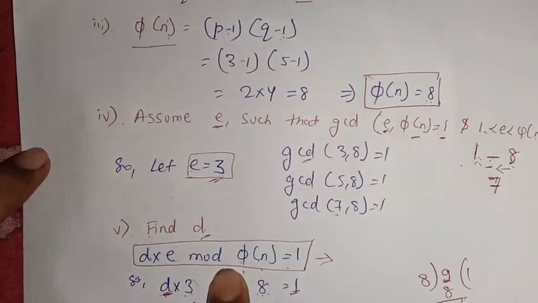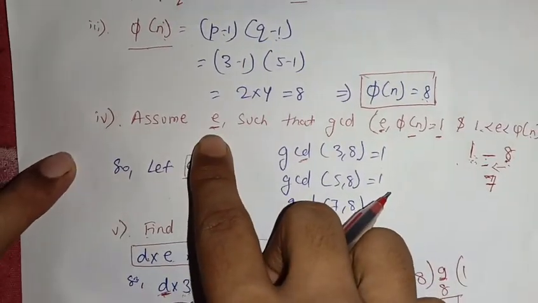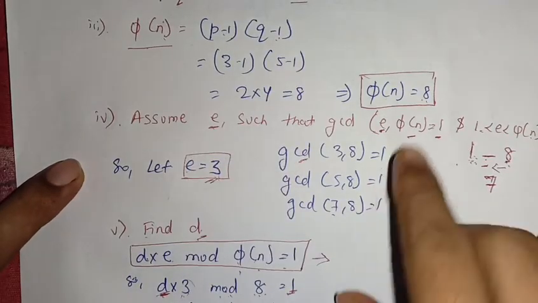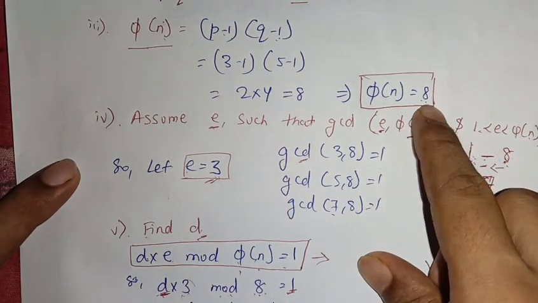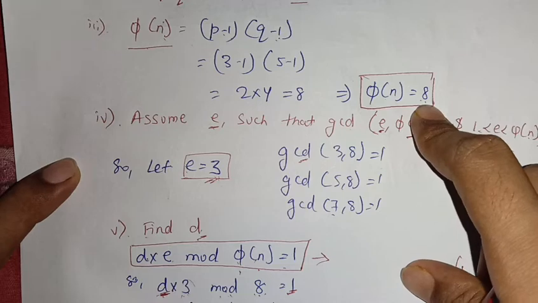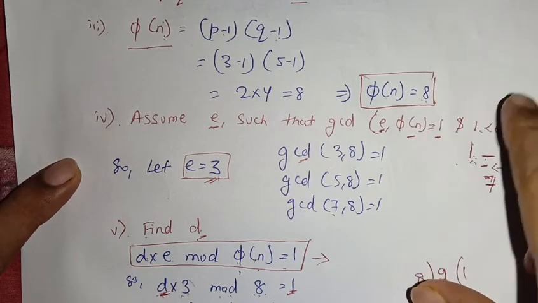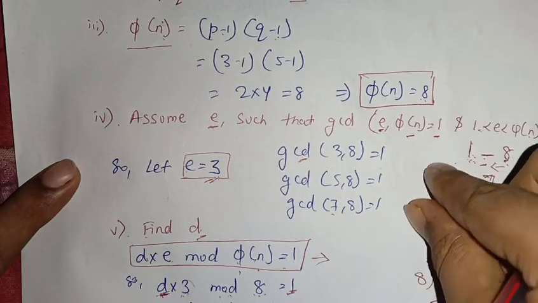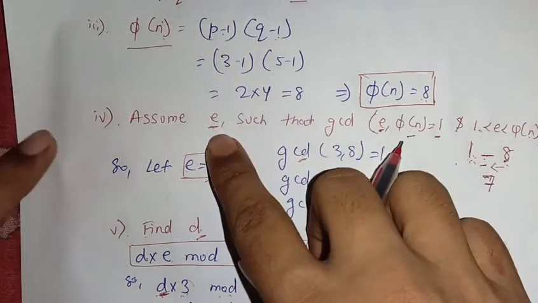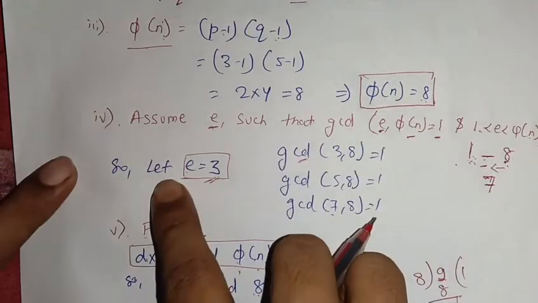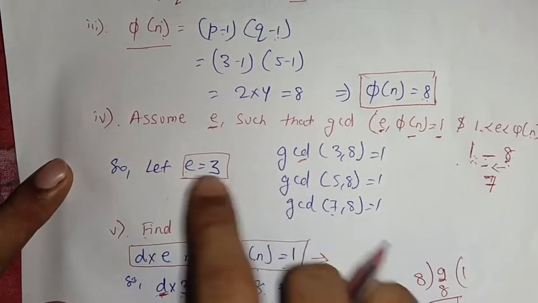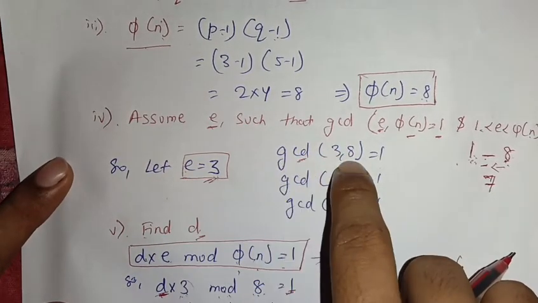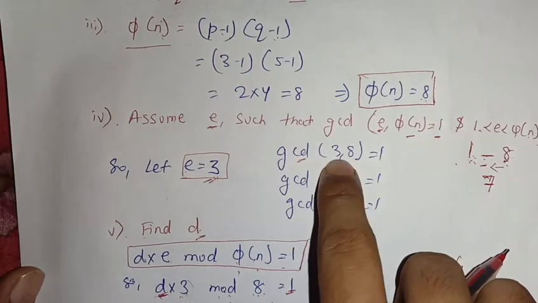Now assume the value of E. E should be in the range of 1 and the value you got by phi n, that means 1 and 8. Between that range only, you can assume the value of E. Here we have assumed E equals 3, because this is only possible when the GCD of 3 comma 8 is equal to 1.